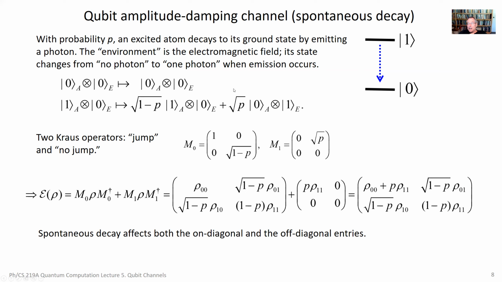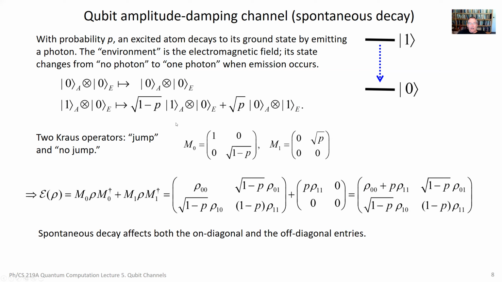So as usual, I can get Kraus operators by imagining measuring the environment in some basis and asking what the conditional state is of the atom for the different possible measurement outcomes. So in this case, there are two possibilities. If I were to measure the environment, either there's no photon or there's one photon.